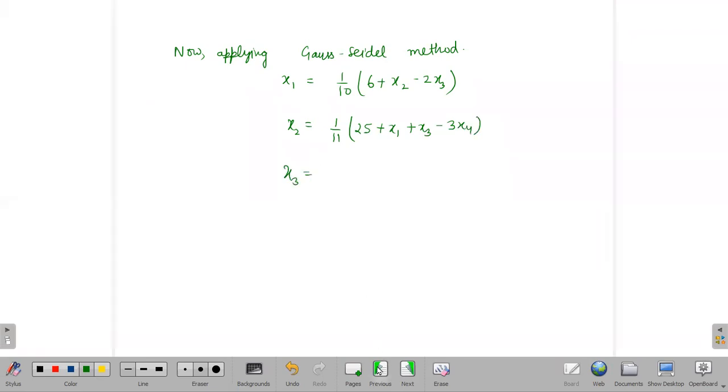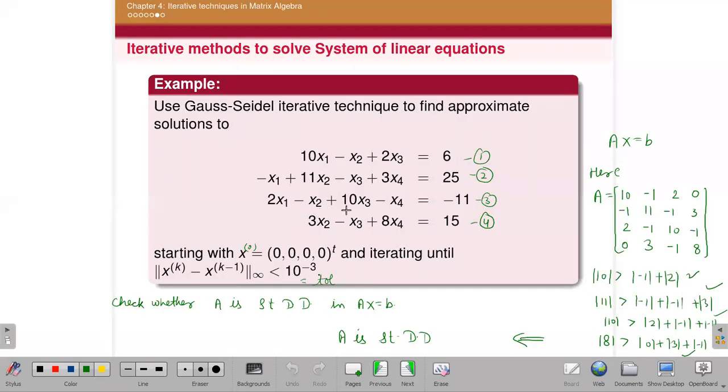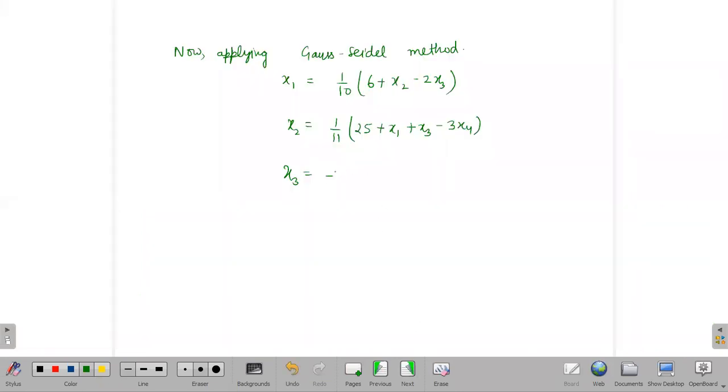Similarly x3 is 1 by 10 times (minus 11 minus 2x1 plus x2 plus x4).